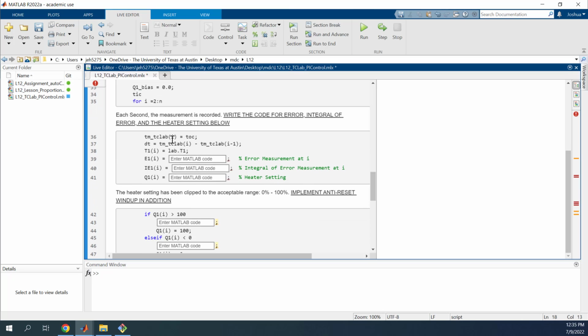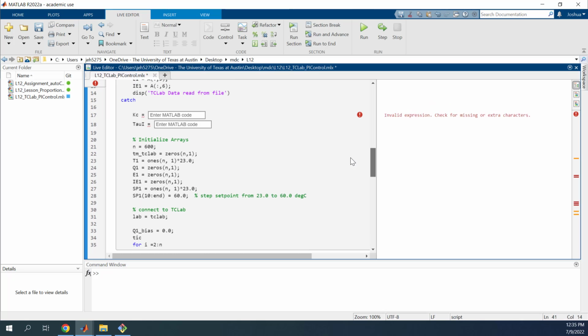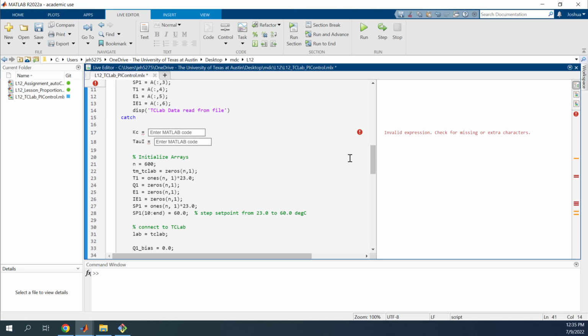We'll gather the error, the difference in temperature, dt. We'll put our temperature into our array E1, which is the error, integral of error, and Q1, which is the heater setting using our PID. And finally, we have anti-reset windup. So let's look at each of these sections now.